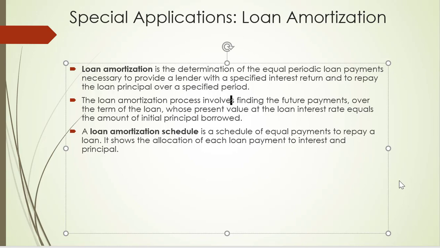The reason loan amortization is important, and the ability to segment things into interest and principal, is because interest is tax deductible, but principal is not. Right? If you buy an asset and you're making payments, you're certainly going to make payments on the loan.